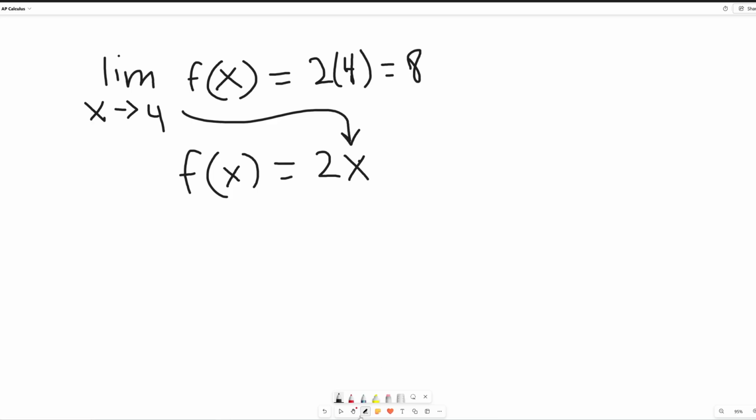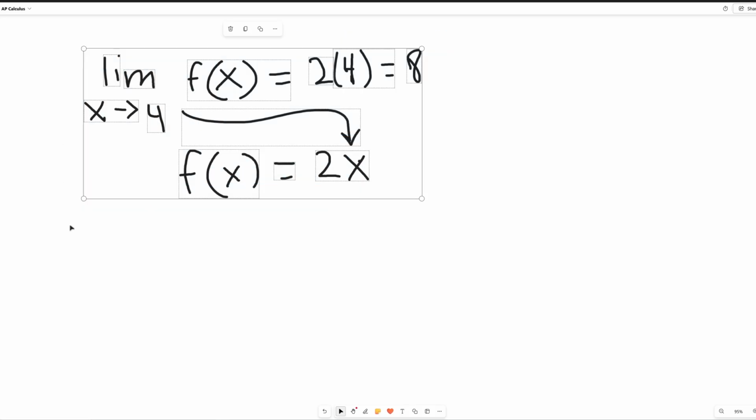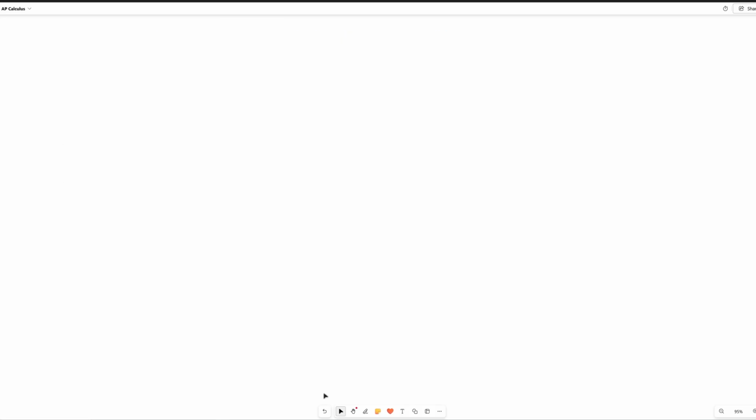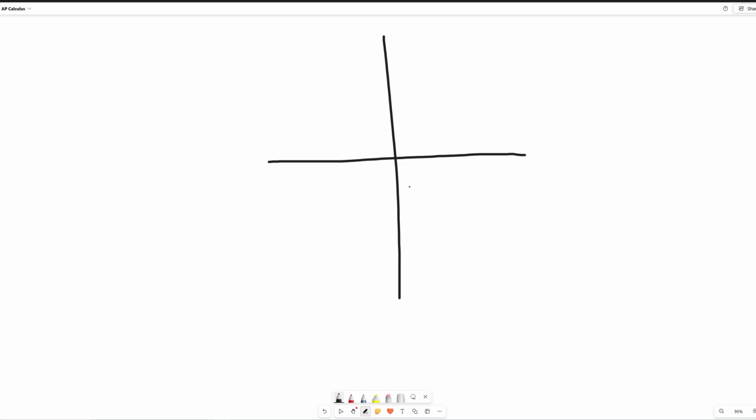However, limits become important when we look at functions that are not nice and normal, like 2x. First, we're going to look at what that looks like on a graph. Over here, we have some arbitrary function with a hole at x equals 3.